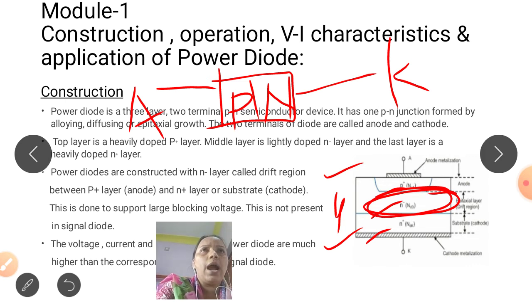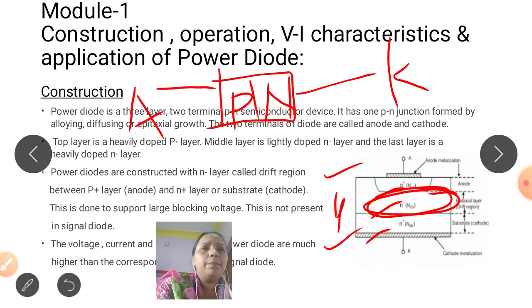How? When we add trivalent impurity to intrinsic semiconductor material, it forms a p-type semiconducting material. The addition of this trivalent impurity gives acceptor atoms. Similarly, when we add pentavalent impurity to the pure semiconductor material, it forms n-type semiconductor. So now you got p-type and n-type semiconductor material.